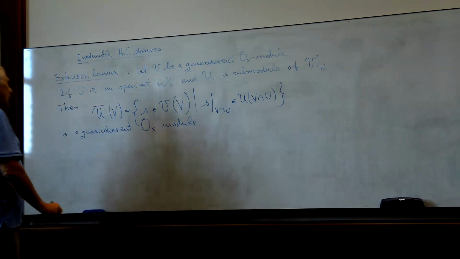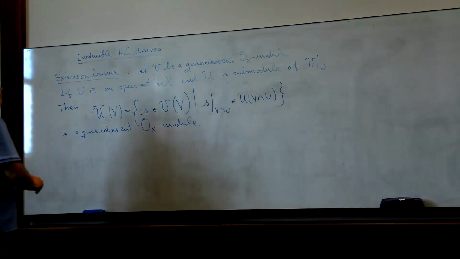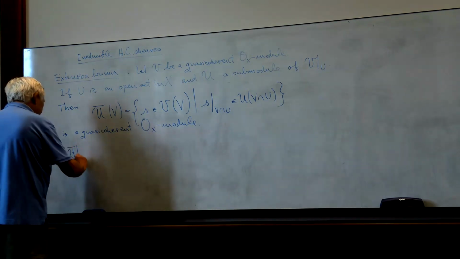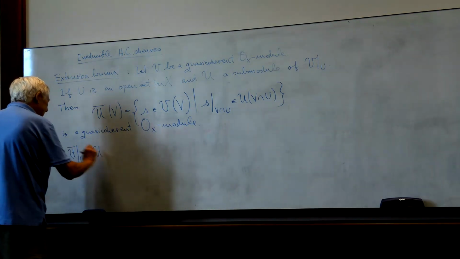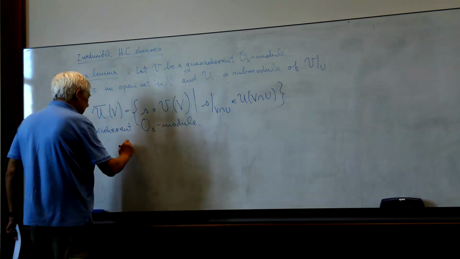First of all, if you look at U bar and restrict it to open set U, then you get U. So U bar is in some sense an extension of U, and it's called the canonical extension.